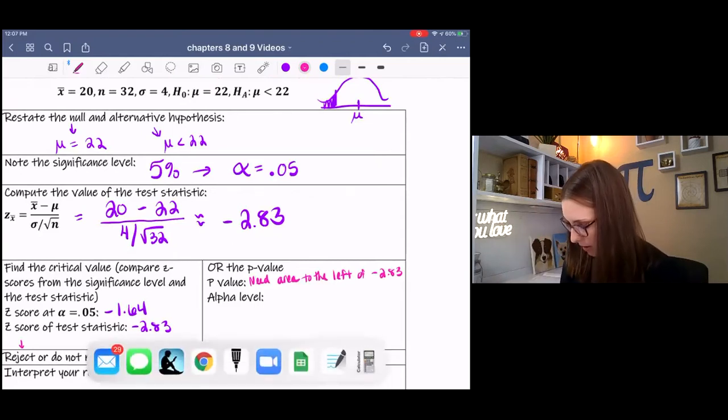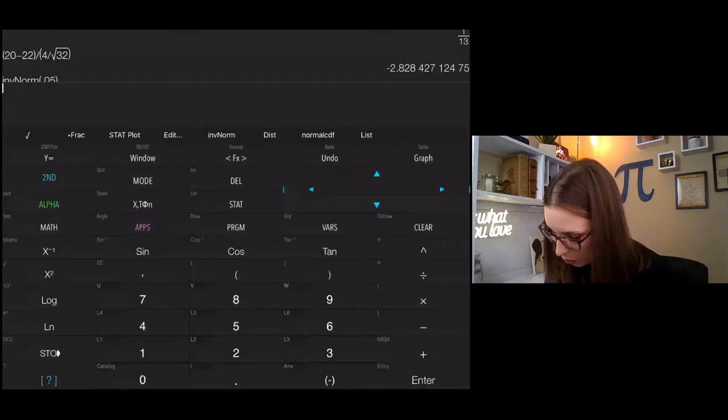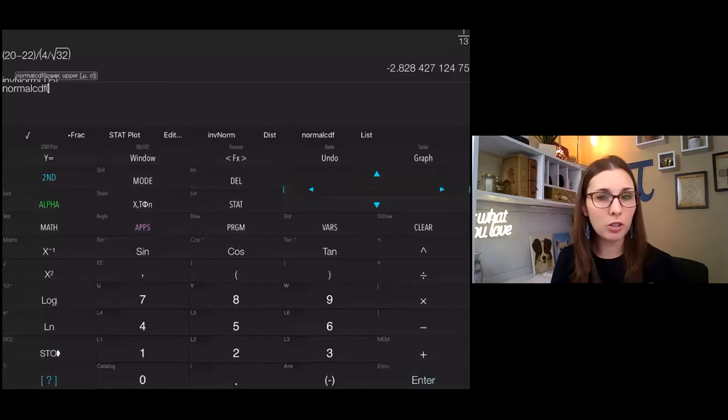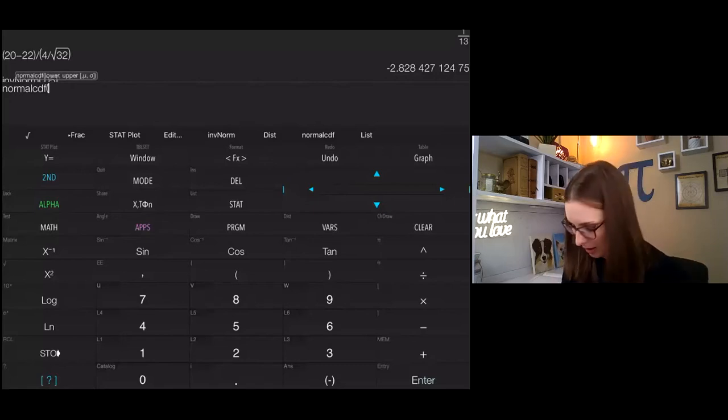So I'm going to go to my calculator. I need normal CDF. On your calculator, you do second vars normal CDF. This calculator is on my iPad, and it just has my most recent things that I've typed in, so I just tapped on it. Makes it really easy. I'm going from negative infinity to negative 2.83.